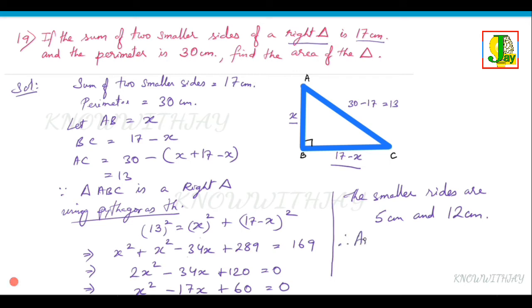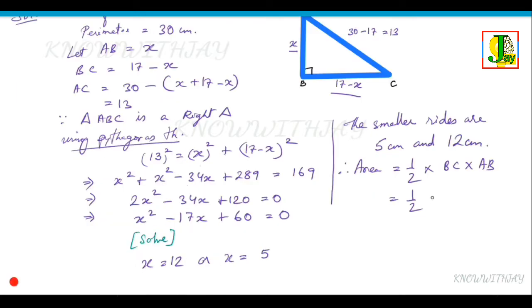And therefore the area of the triangle equals half into BC into AB. So half into 5 into 12, that's 5 into 6, 30 centimeters square.